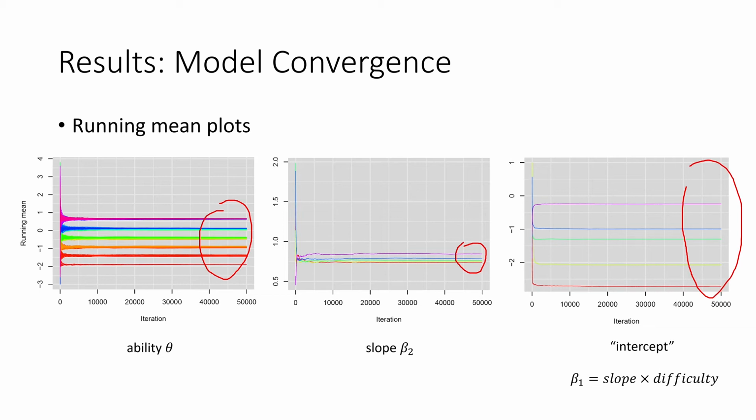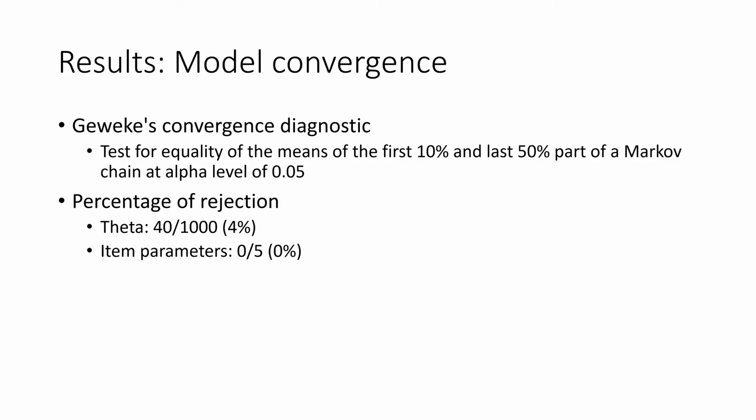And this indicates we have reached a stationary distribution after 50,000 iterations. Another formal diagnostic for model convergence shows that the percentage of rejection is quite low, lower than the alpha value 0.05. So we can conclude no evidence was found for non-convergence.